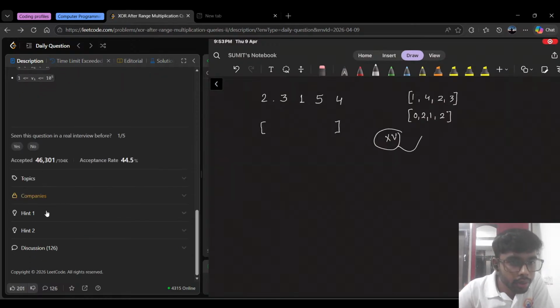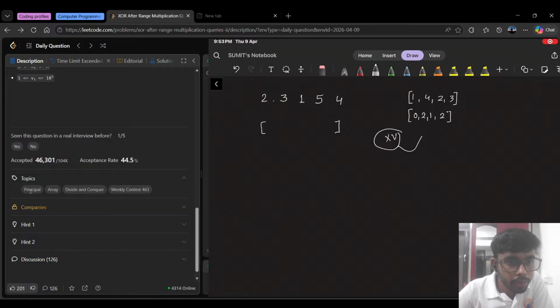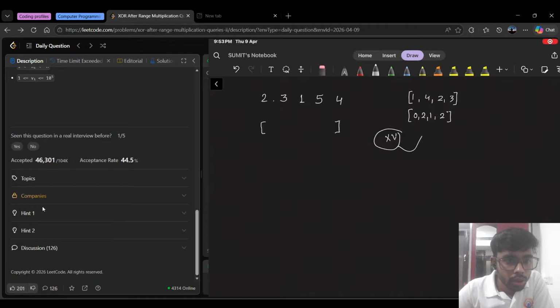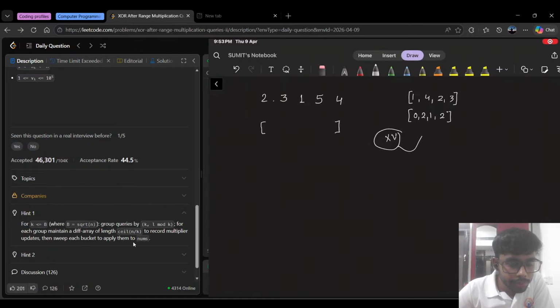And the hint says the topic is sqrt decomposition, divide and conquer. Hint one is: for k less than or equal to B, where B is the square root of n, group queries by l mod k.